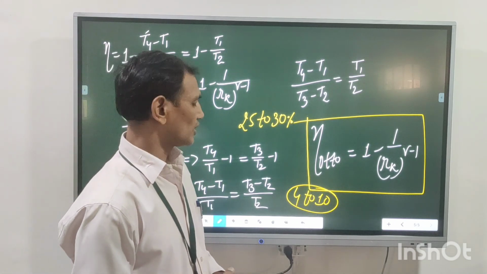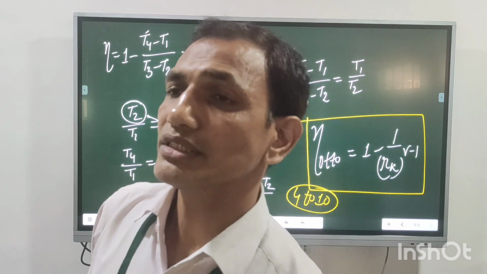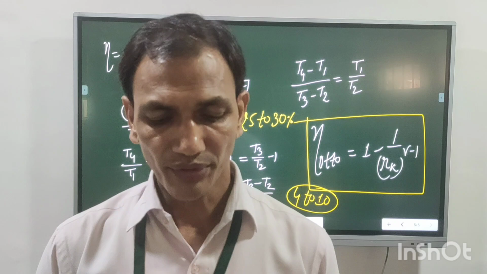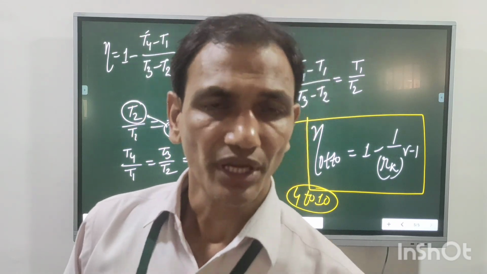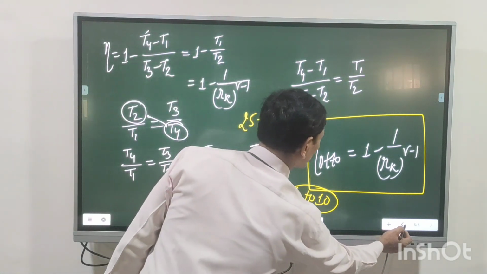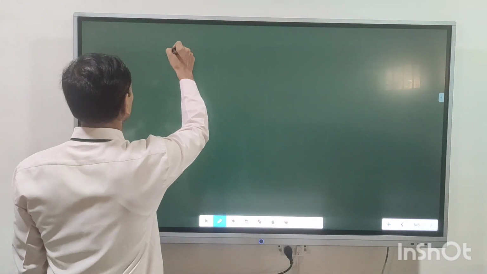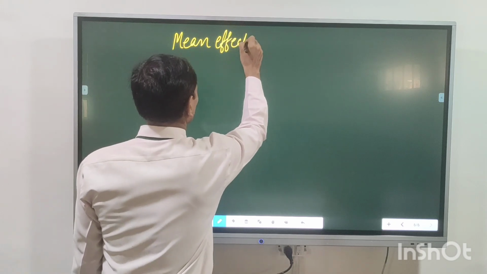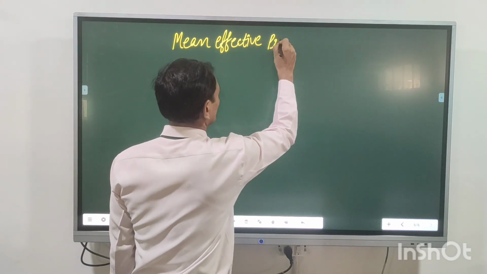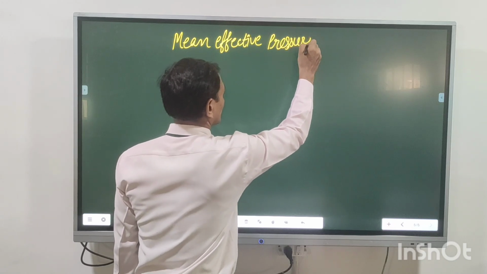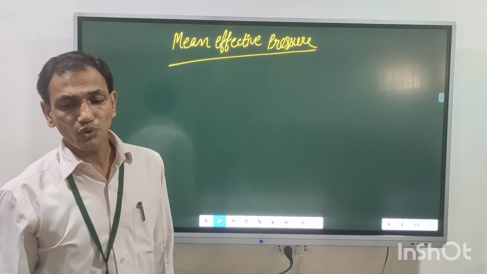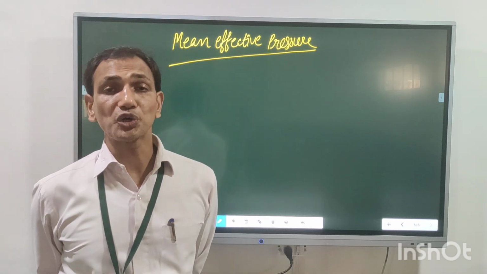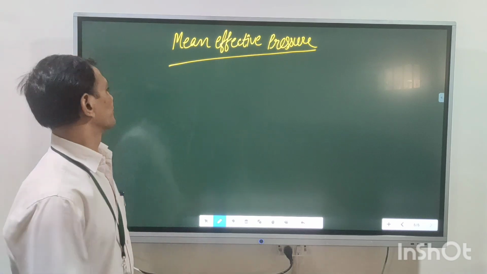Now let us discuss the mean effective pressure of the Otto cycle. The mean effective pressure of the Otto cycle is the ratio of the net work output to the swept volume.